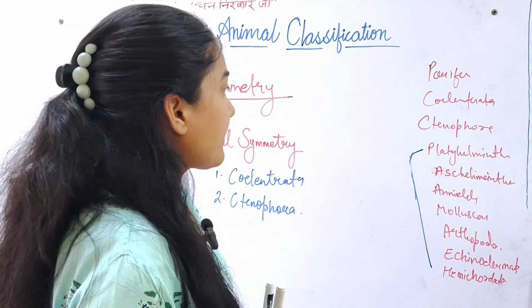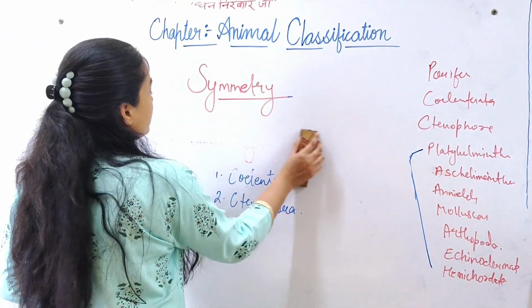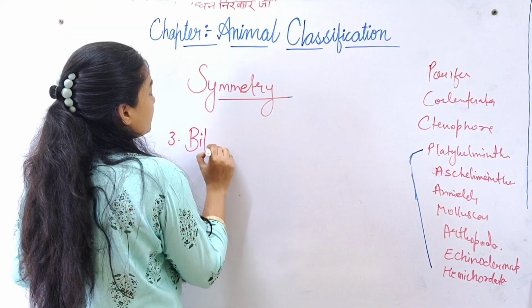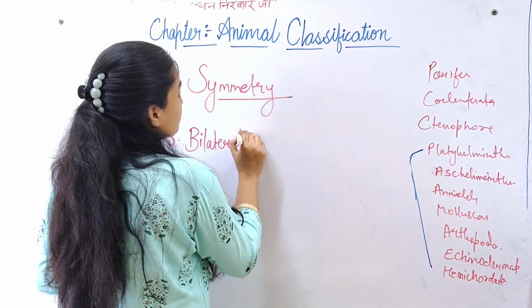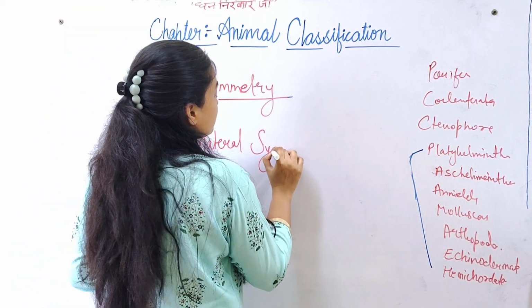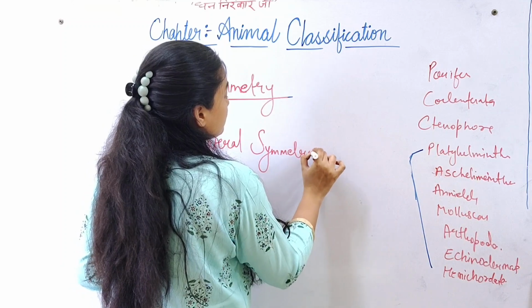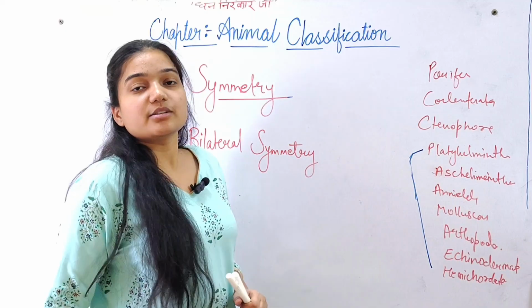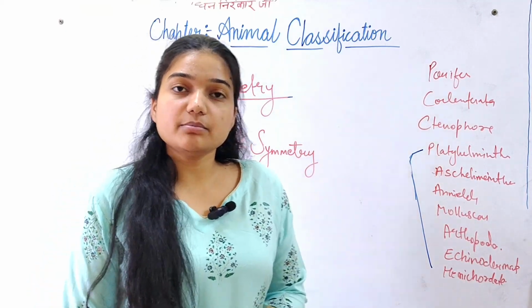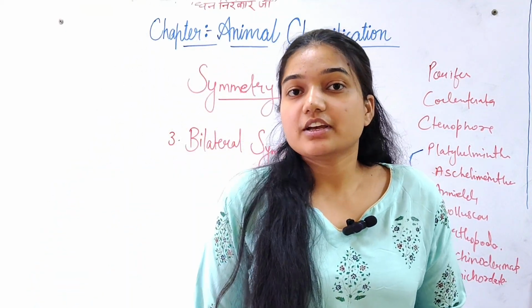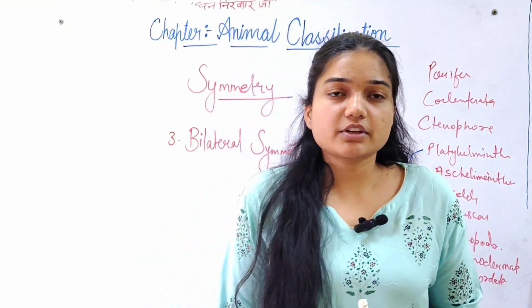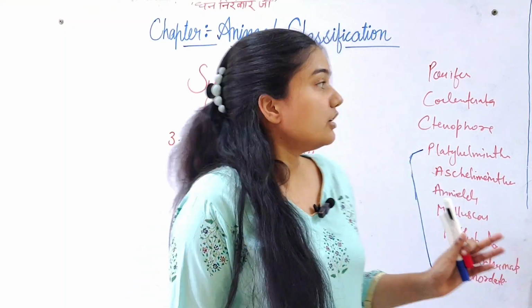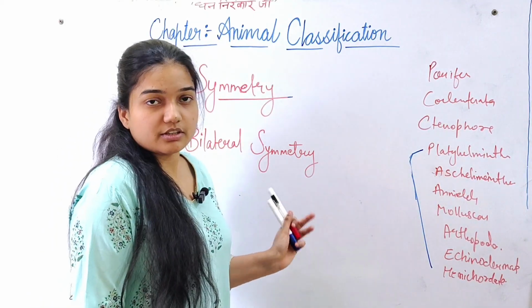Third one is bilateral symmetry. In bilateral symmetry, when any plane cuts the animal body into two identical halves, the right half and the left half, it is called bilateral symmetry.